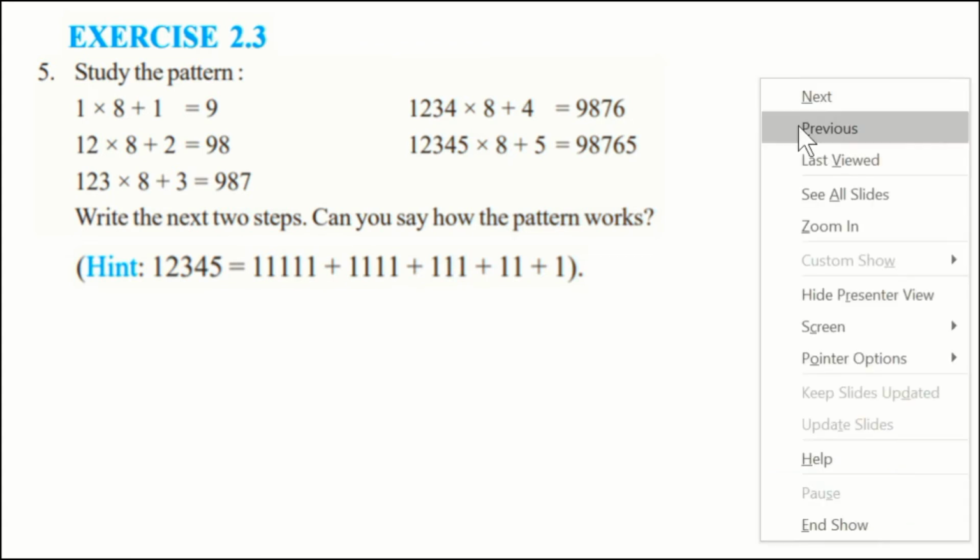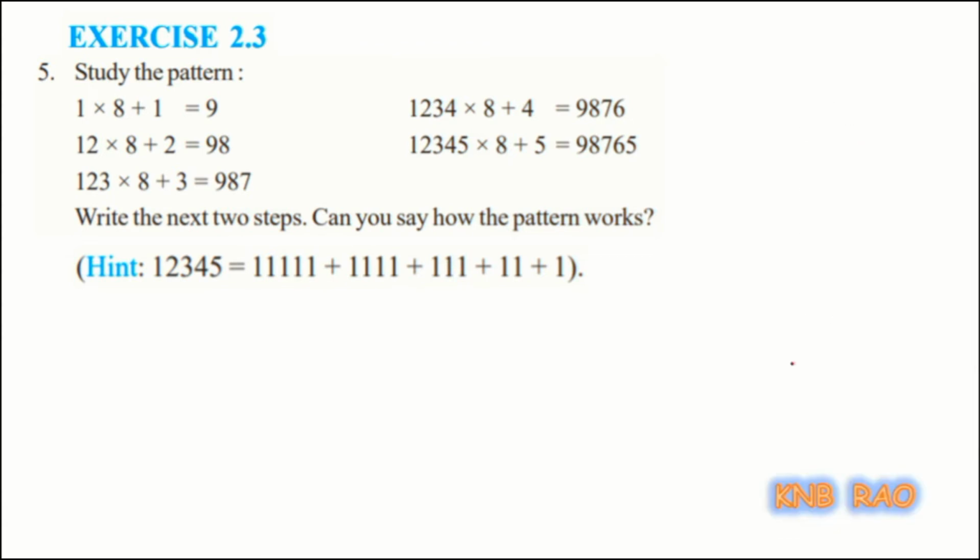So, what would be the next pattern? Similarly, here to this, adding 6 ones. What is 6 ones? 6 ones is 1,11,111.